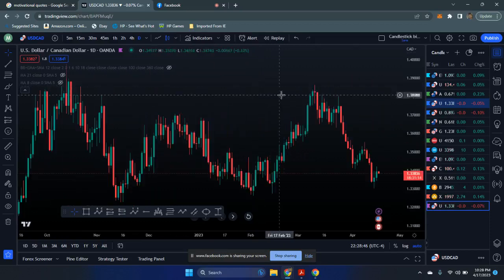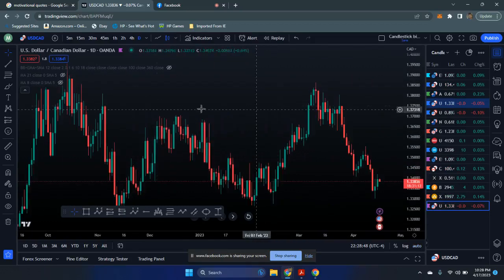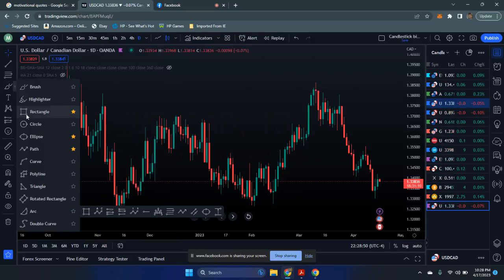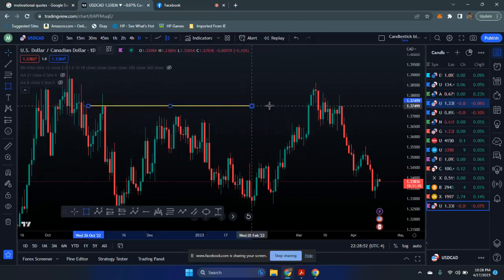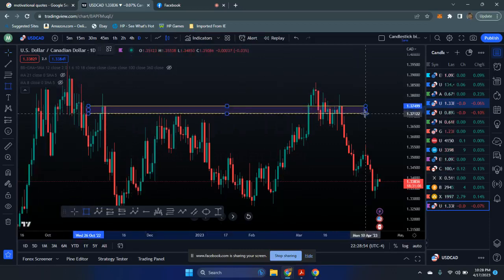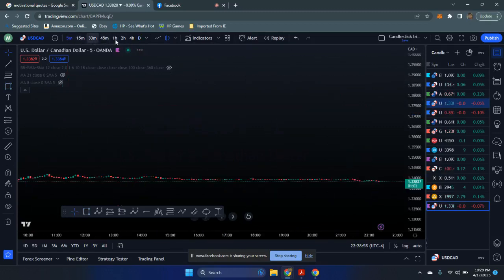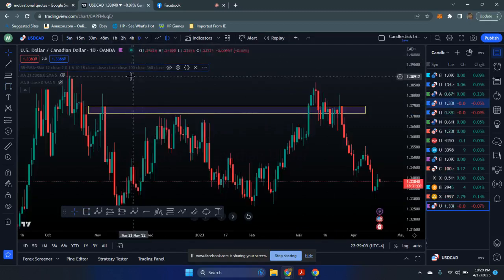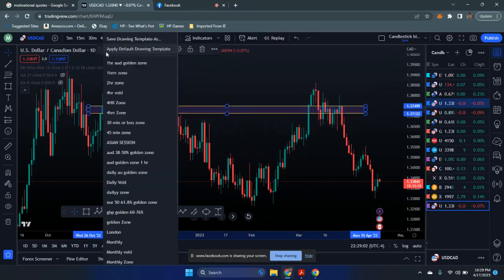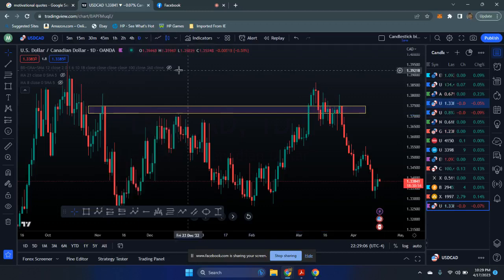I kind of like this. It looks like it is a major supply area. I didn't mean to go on the daily. Let's make this a different color.